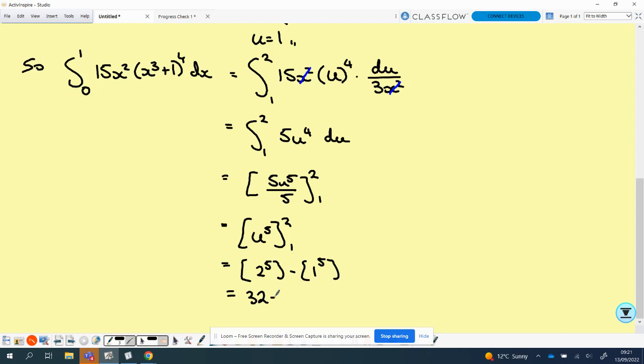That becomes 32 take away 1, which becomes 31. Okay, so therefore we didn't have to substitute our old function back in because we got our limits for u instead, and we could just do it with that. You okay with that first example, yeah? Excellent. Okay, we'll look at a second example.